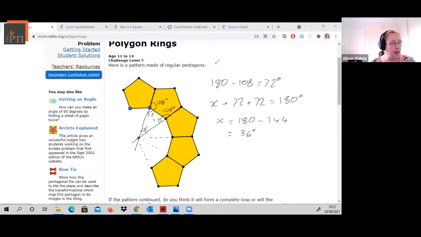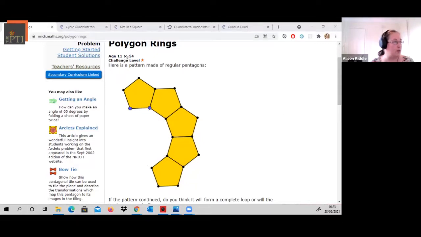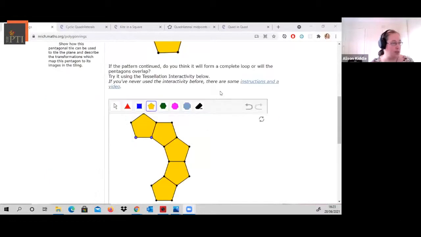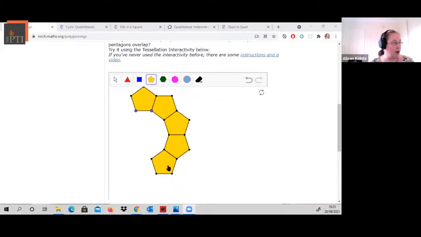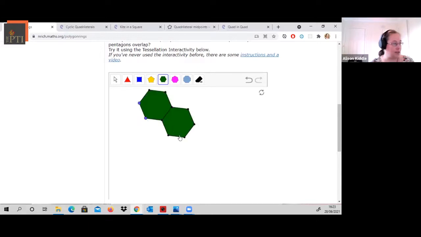I think in order to get the most out of this task, it's a nice example of a low threshold, high ceiling task, because as well as exploring with pentagons, we've got all of the other different shapes that we can explore with. And so I made the ring with pentagons. I could instead say, what happens if I try and make a ring with hexagons?